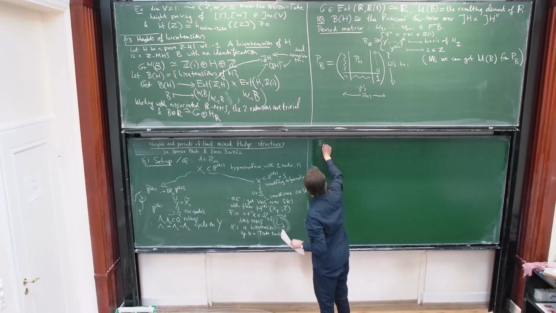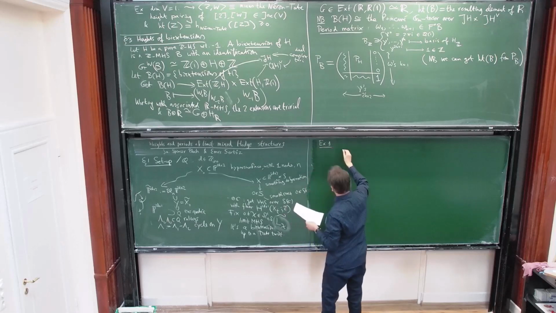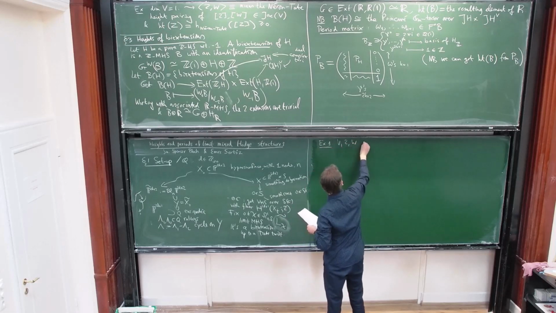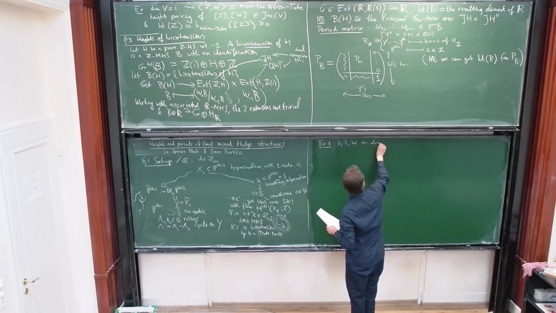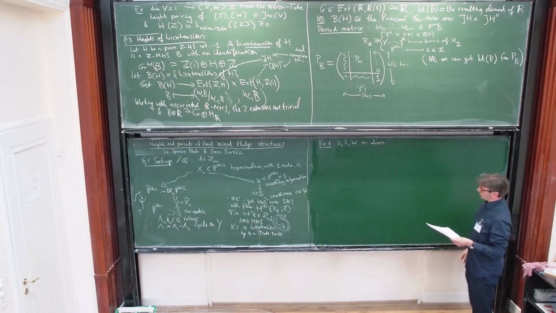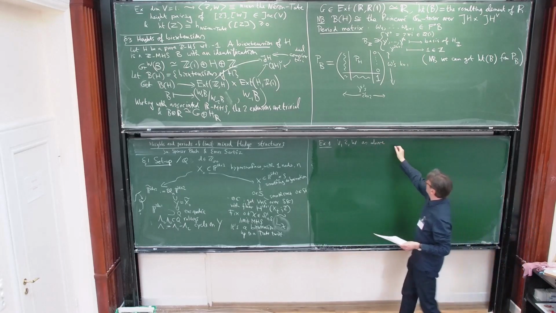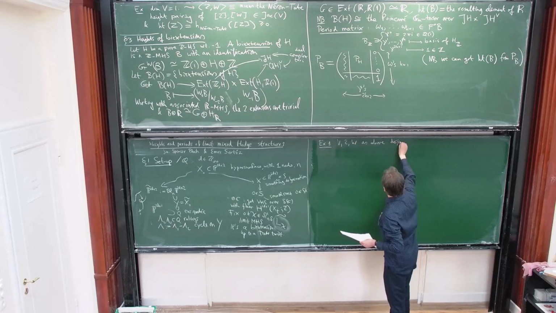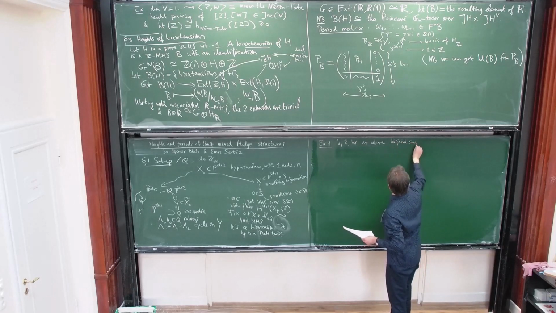Example 1. So V and Z and W are as above, so a variety and then cycles Z and W. And now ask that they have disjoint support. This is now an important assumption for the moment.